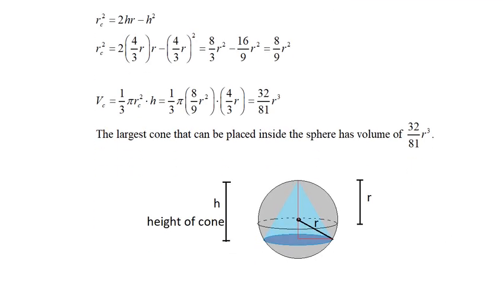And therefore, the cone with the largest volume that can fit inside the sphere will be 32/81 times r to the third, where r is the radius of the sphere. And that's the end of the video.